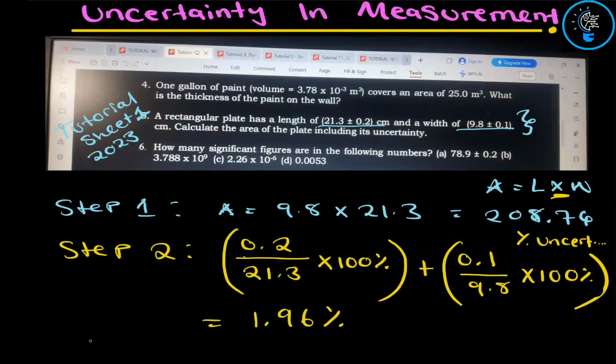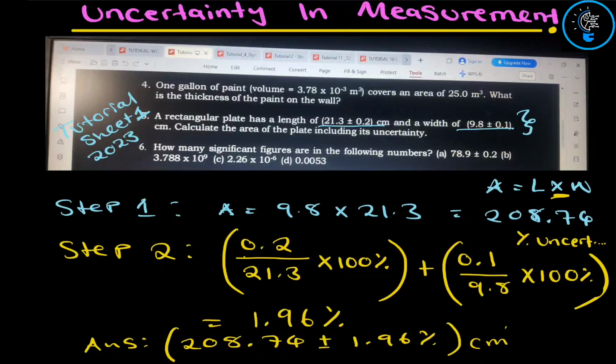So now your answer can be written as 208.74 plus or minus 1.96%. Don't forget the units, it's area, so it's squared.